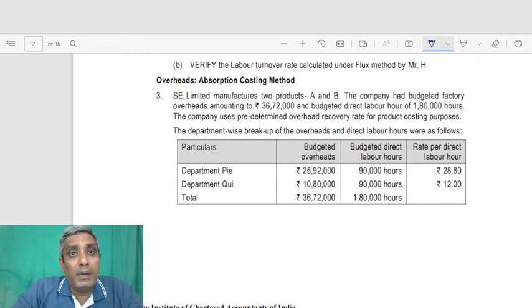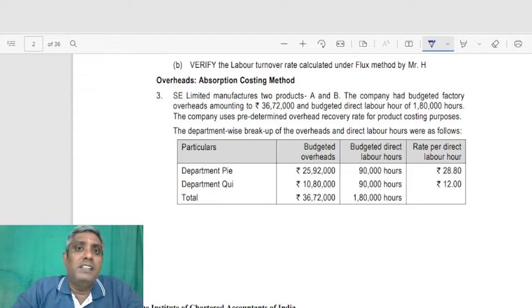While doing the primary distribution for the production departments as well as service departments, you have to find a suitable basis. We have done this in our regular classes. A suitable basis for allocation of these overhead indirect expenses to the production and service departments.